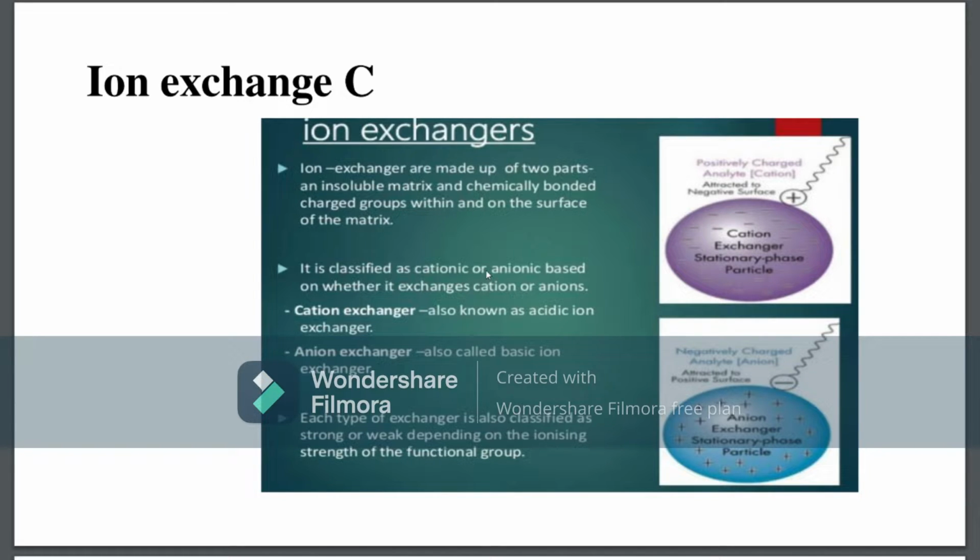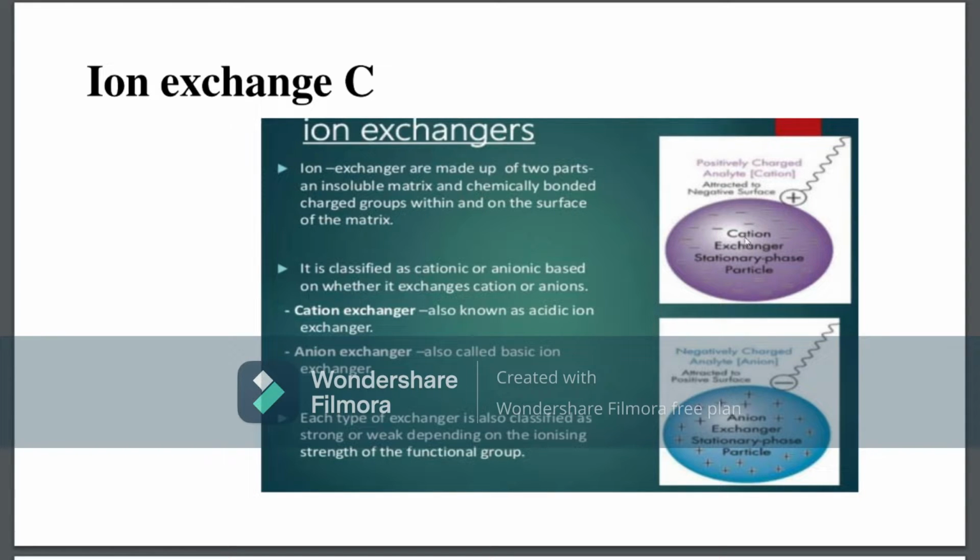It is classified as cationic and anionic based on whether it exchanges cations or anions. The cation exchanger is also known as an acidic ion exchanger, and the anion exchanger is also called a basic ion exchanger. Each type of exchanger is also classified as strong or weak depending on the ionizing strength of the functional group.